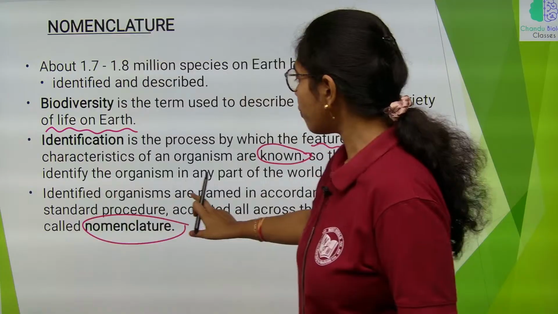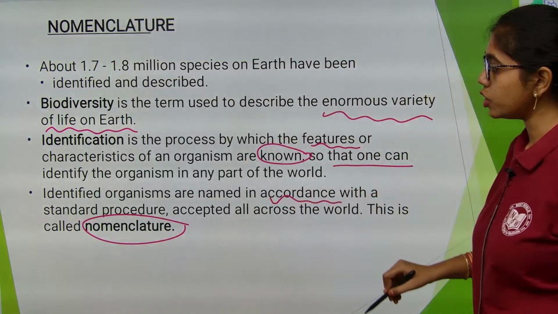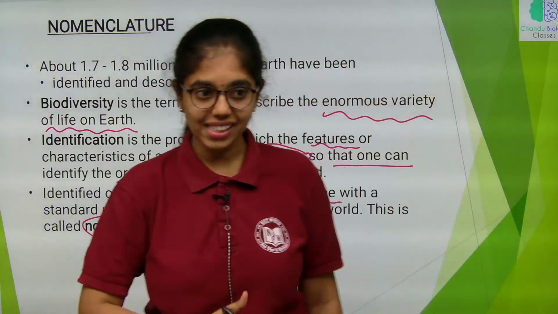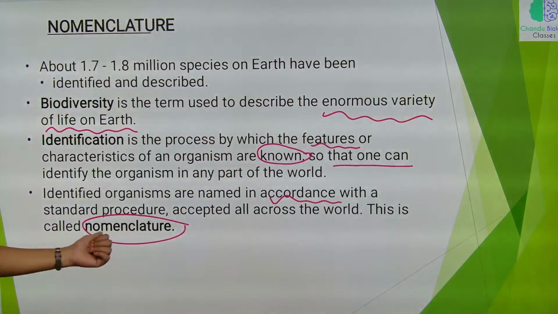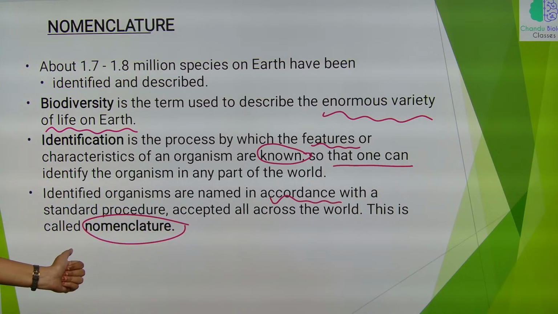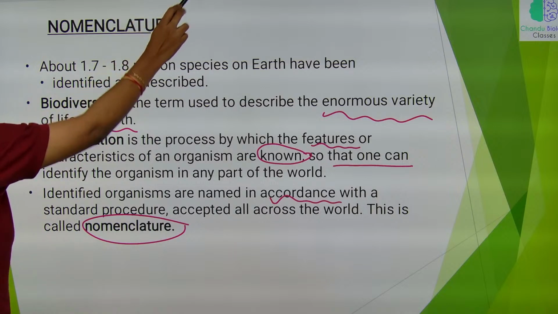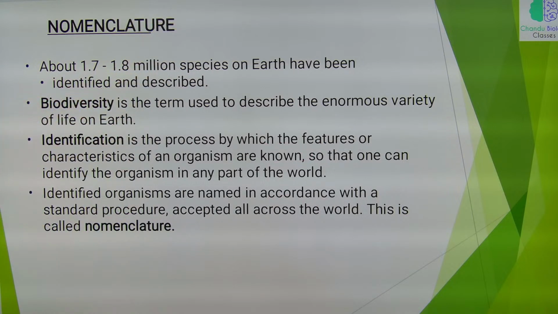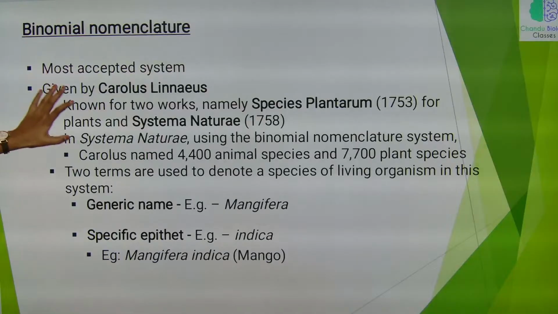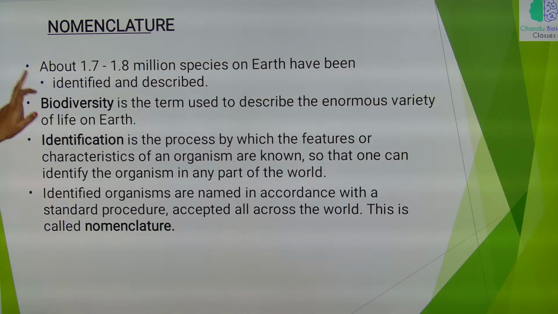So identified organisms are named in accordance with a standard procedure according to different norms like ICBN, ICNB, many are there. I have a list of that also. They are accepted all across the world. This is called nomenclature. So first, biodiversity, like what are the diverse species that we have, and then to analyze them first they need to be identified and then they need to be named.